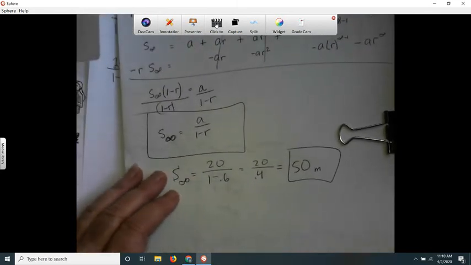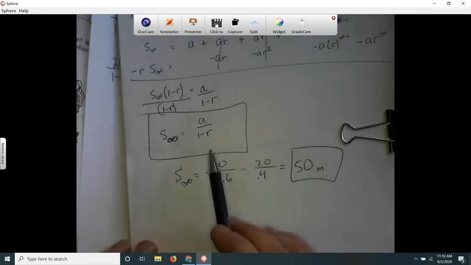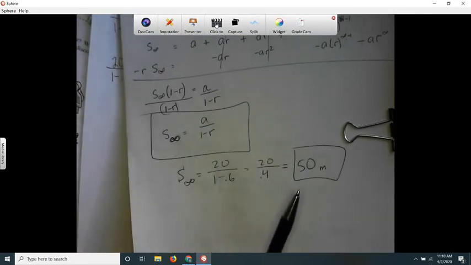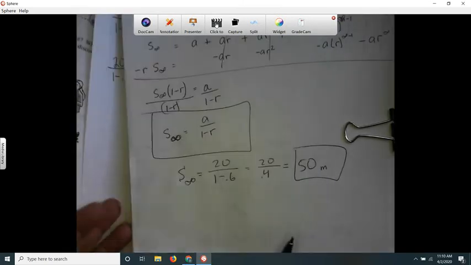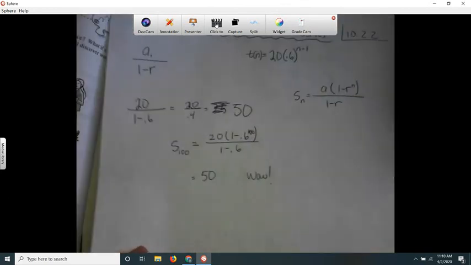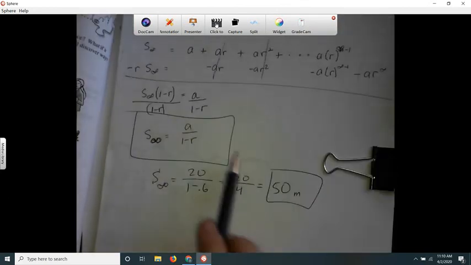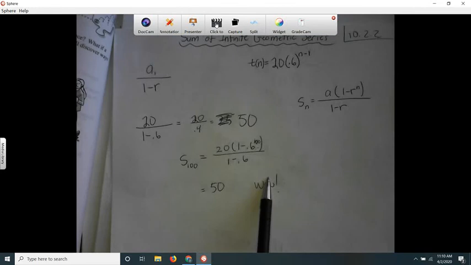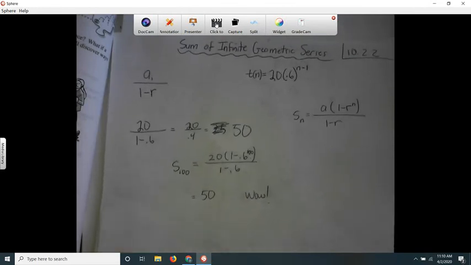So this is another formula that we're going to be using, and I'll probably talk a little bit more about that next time. If you want to mess around with it to prove that it works, I went ahead and plugged in what would happen for the 100th bounce.